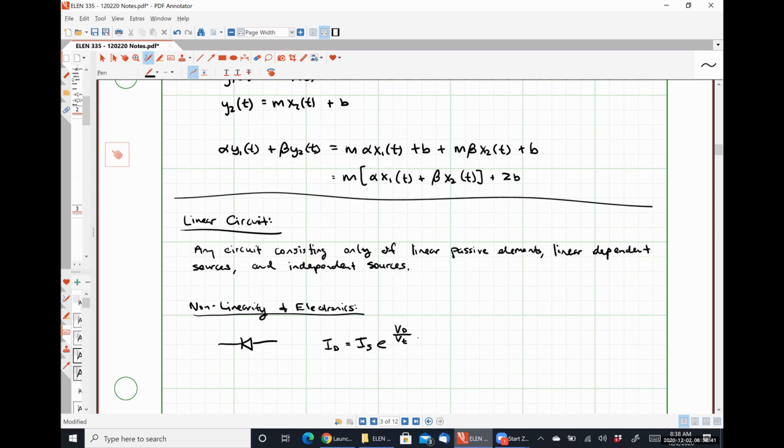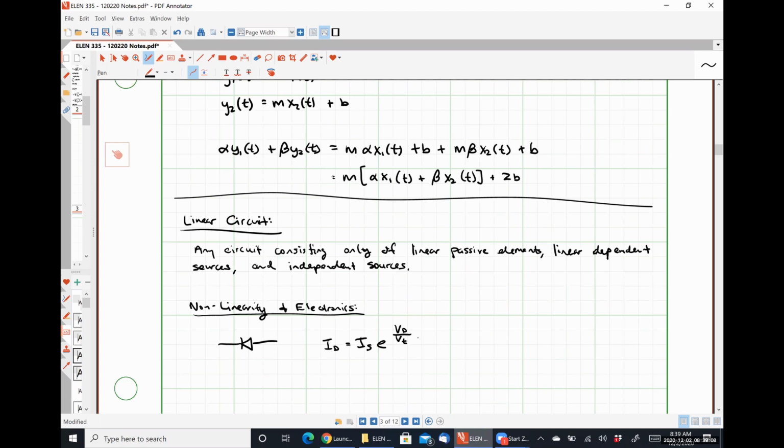We can't apply Thevenin and Norton's theorems because they explicitly say that for any linear two-port network, blah, blah, blah. So that's out as well. The only things that we can really rely on are Kirchhoff's voltage law and Kirchhoff's current law, because those are the law of conservation of energy and the law of conservation of charge as applied to circuits. Those are fundamental physics rules, so we can't get past them.